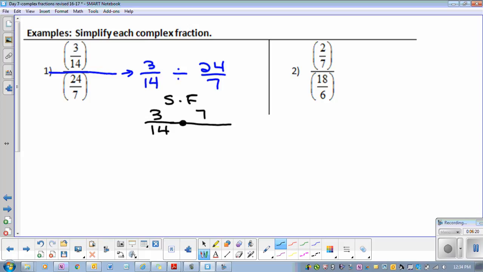Yeah, 7 over 24 now. So here you could cross simplify, or just multiply the numerator, multiply your denominator, and then divide. You don't have to do all that, because you're not adding or subtracting anything. So what do you get?